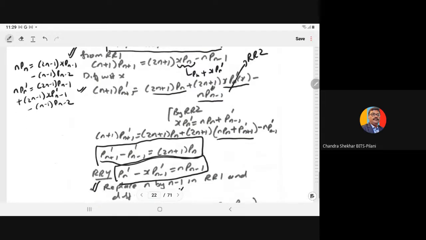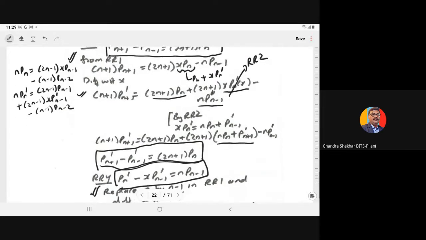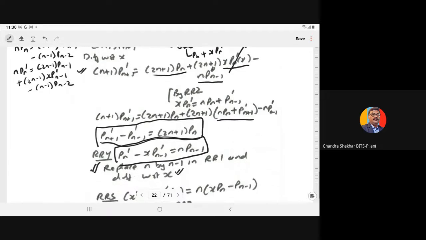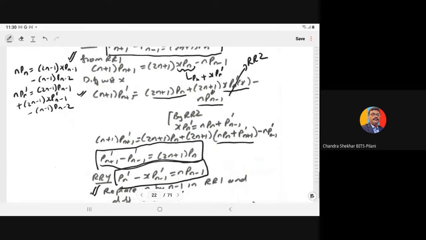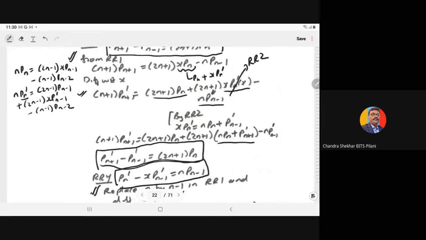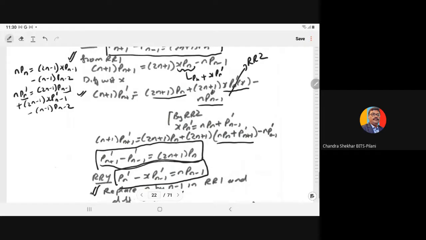So we have P'n, Pn-1 and P'n-1. Whatever extra will come, that will come as P'n-1.